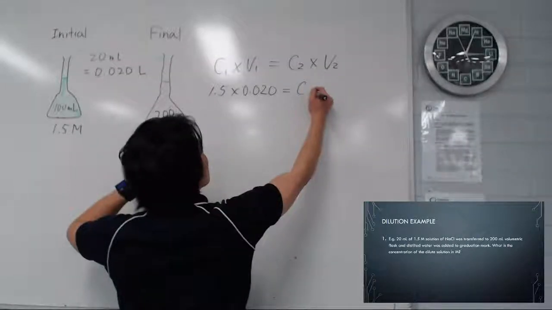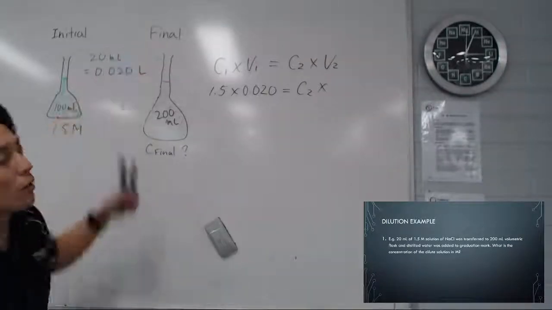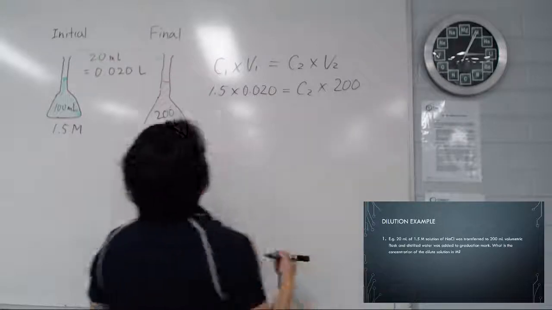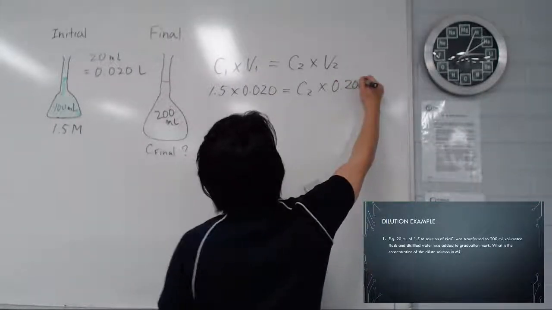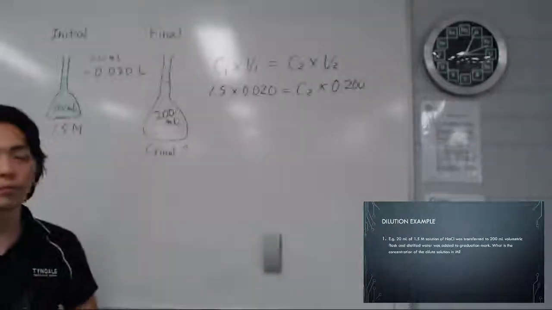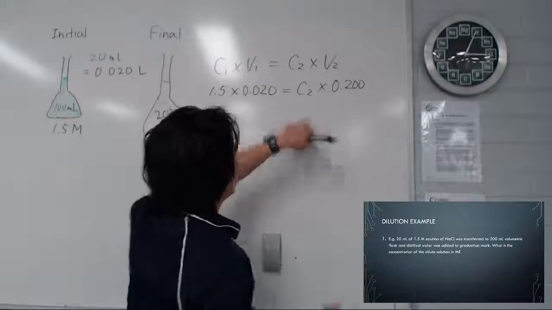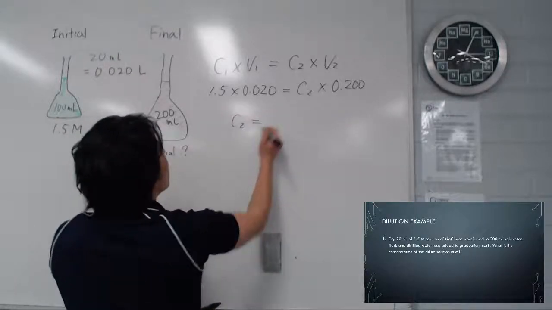So leave that as that, times what you made up to, which was 200 milliliters. So you have to convert it to liters. The only thing we have to do now is to solve this for C2.